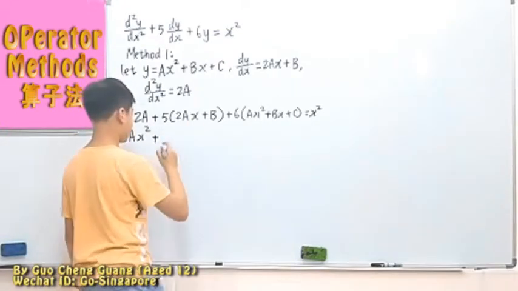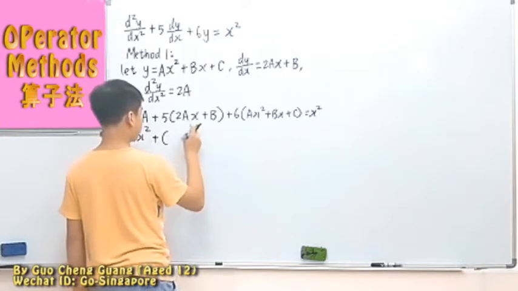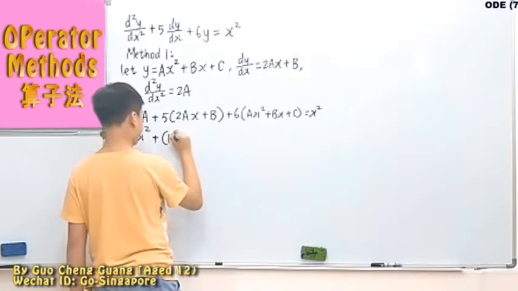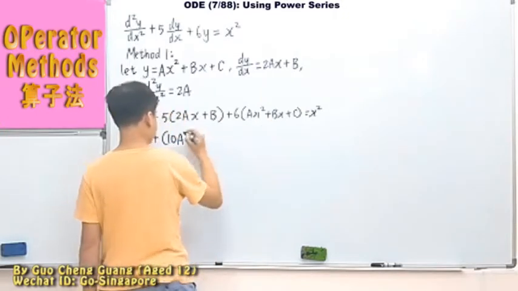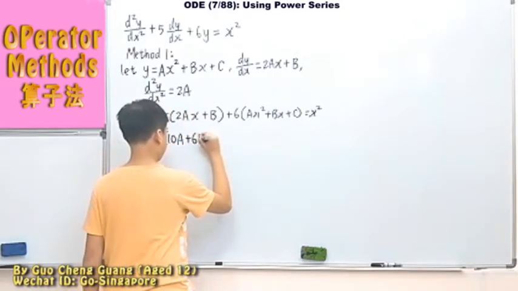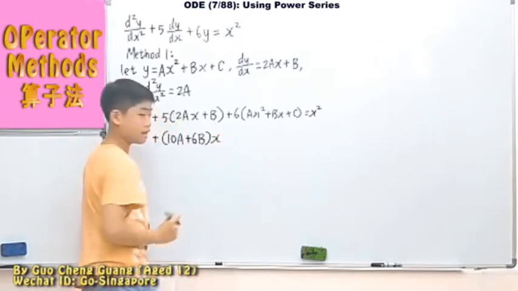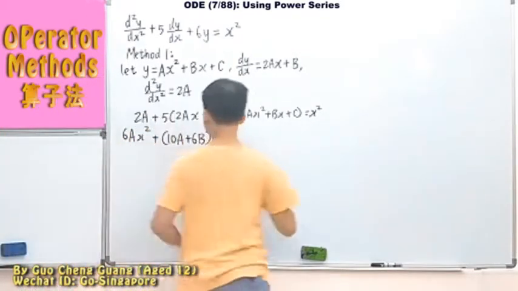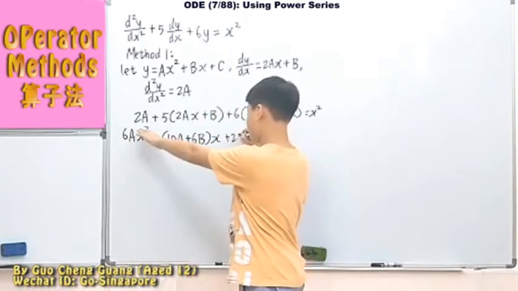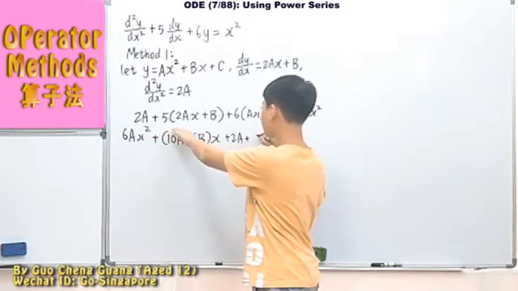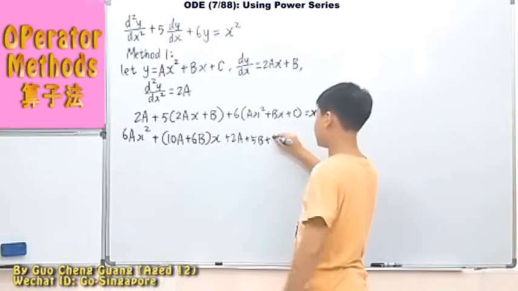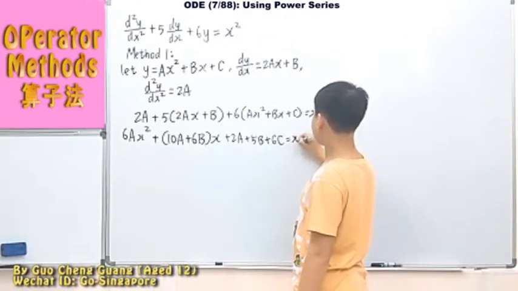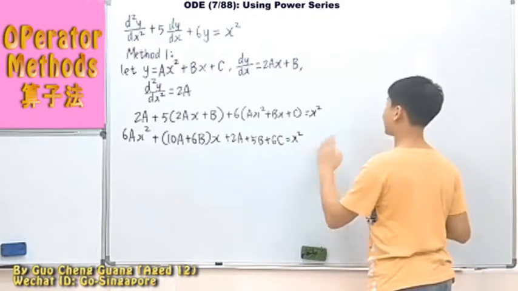With only x, here you have 10a and here 6b. For the constant parts, here is 2a, here's 5b, here's 6c, and this is equal to x squared.